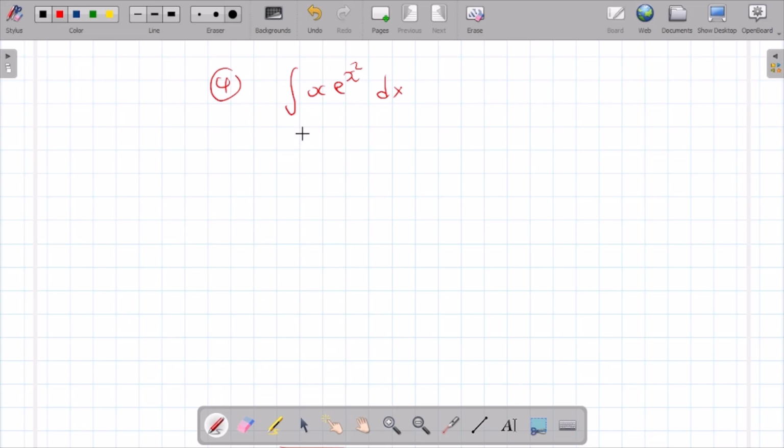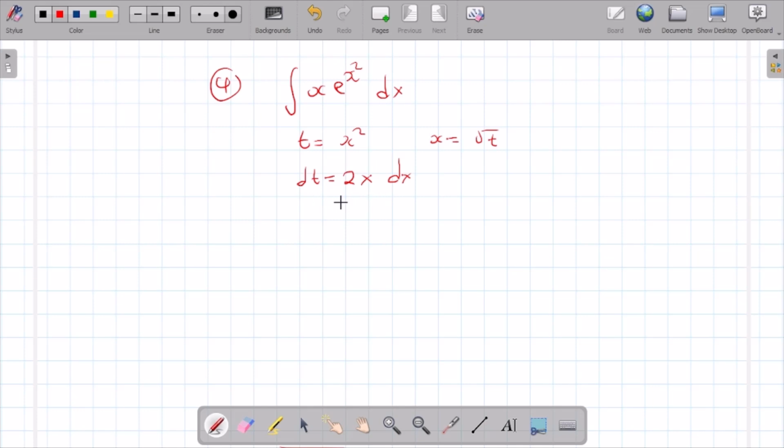So let t be equal to x to the power of 2. Now dt is going to be equal to 2x dx. If t is equal to x to the power of 2, then x is equal to the square root of t.